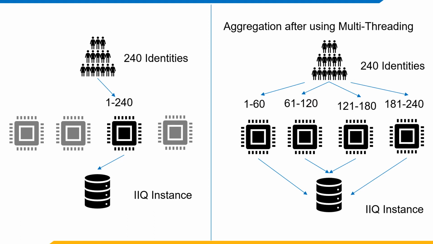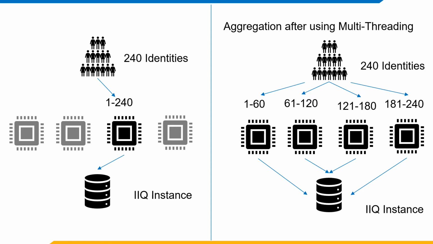If we divide these 10,000 identities into 2,500 identities for each processor, each takes 5 minutes and the whole aggregation process takes only 5 minutes instead of 20 minutes. So this is actually useful for performing aggregation for a large number of identities.